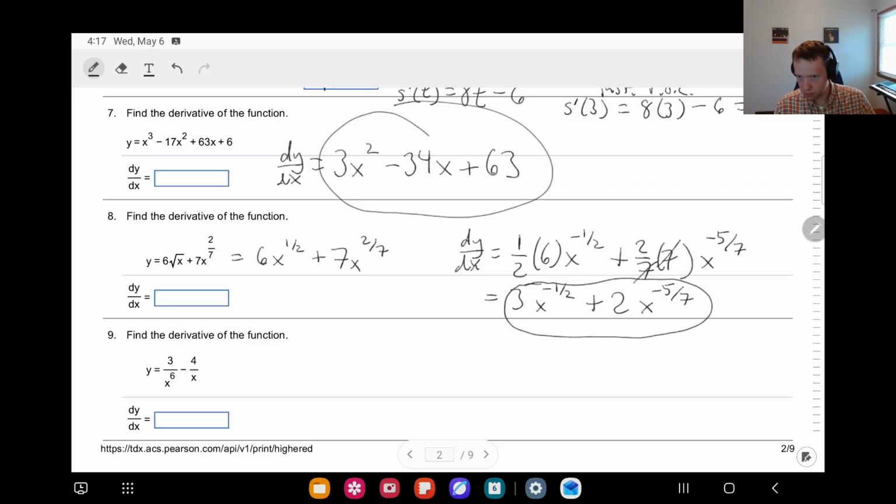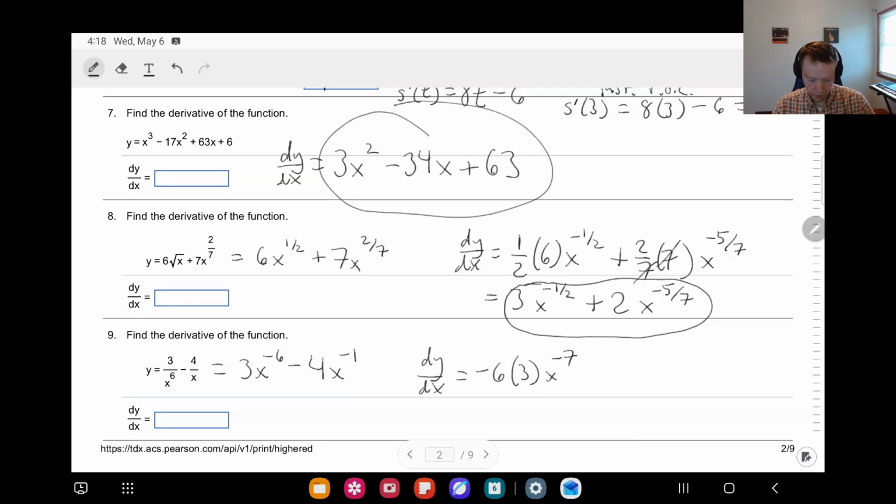It turns out number 9 is power rule as well. We just need to rewrite as 3x to the negative 6 minus 4x to the negative 1. This is perfectly fine for power rule. So dy dx, bring the negative 6 down, times 3.